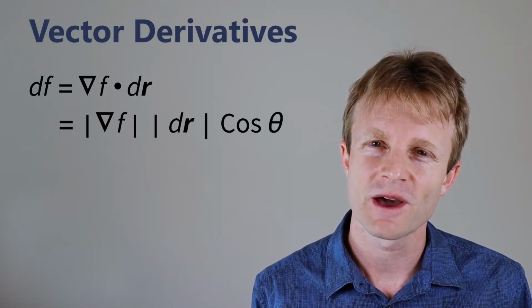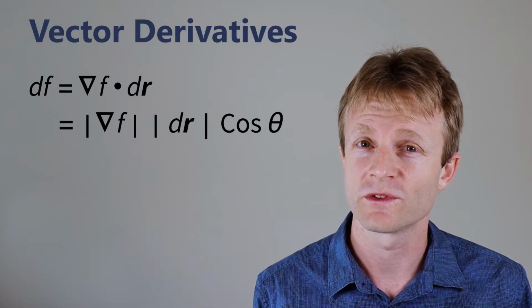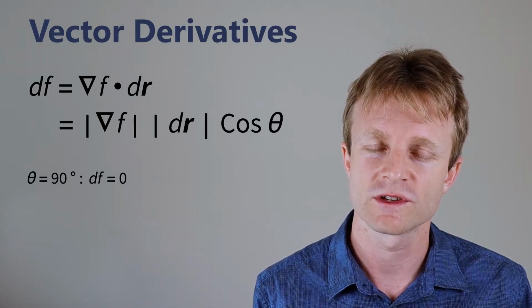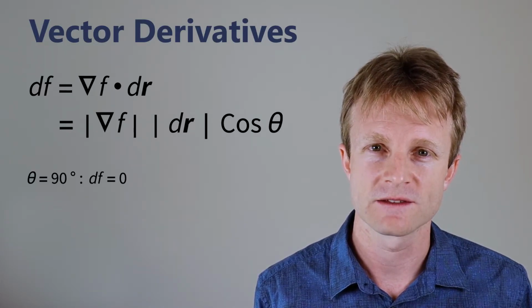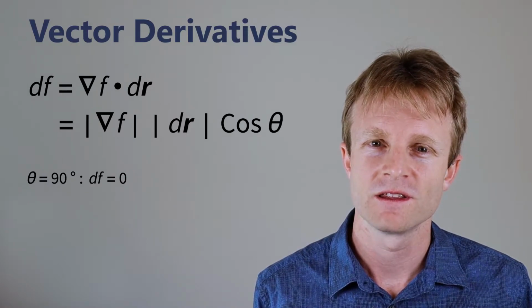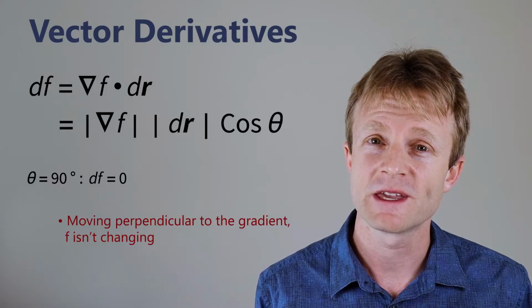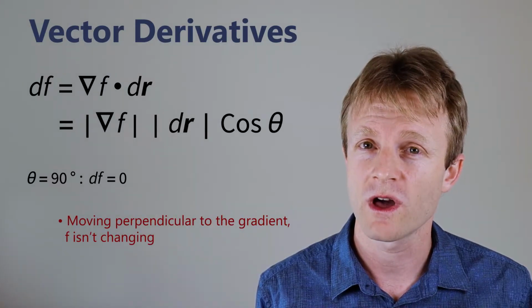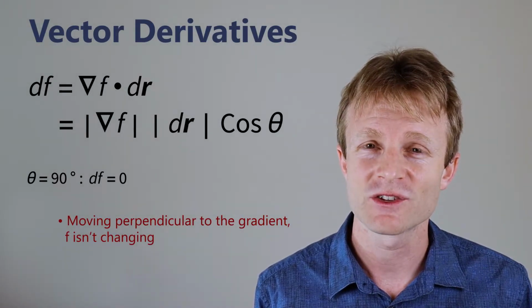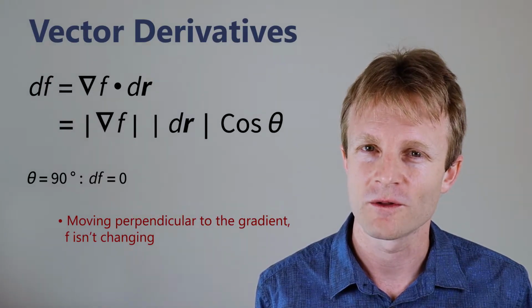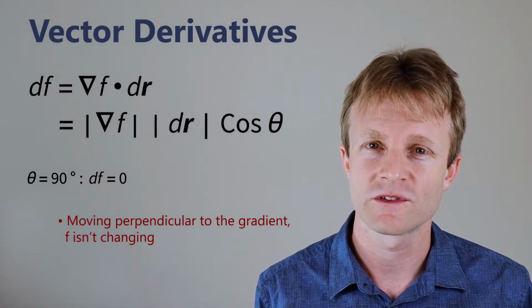Now, let's think about what happens when theta equals 90 degrees. So we're moving in a direction orthogonal to the gradient. Well, now the cosine of theta is 0, and the change in f is 0. This means that this special direction orthogonal to the gradient is a direction in which f doesn't change at all. This is called a level set of f.